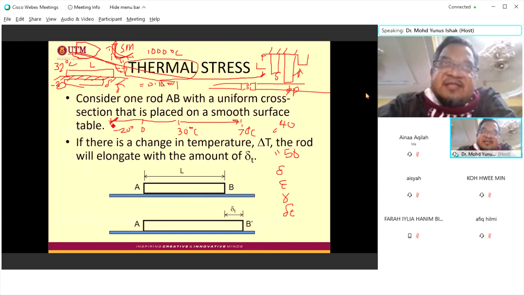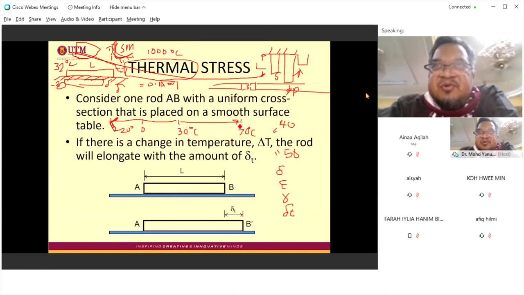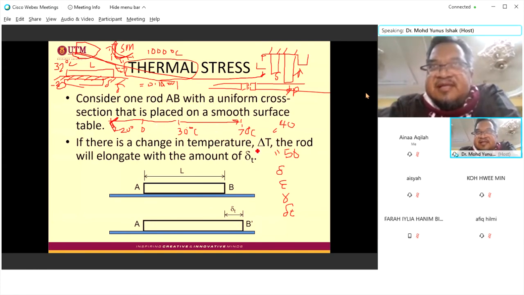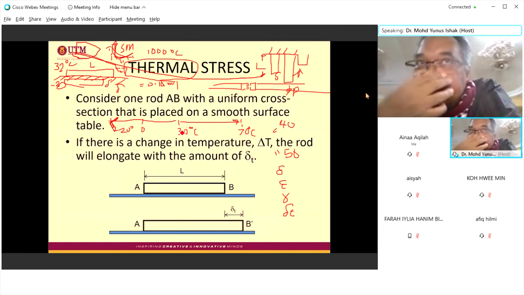Alright, so delta T is changes in temperature. So jangan 30 tolak 20 jadi 10. Salah. So kena tahu dia ada kosong dekat sini, so dia drop sebanyak 50. Okay, yang ini 30 naik 70, dia naik 40.